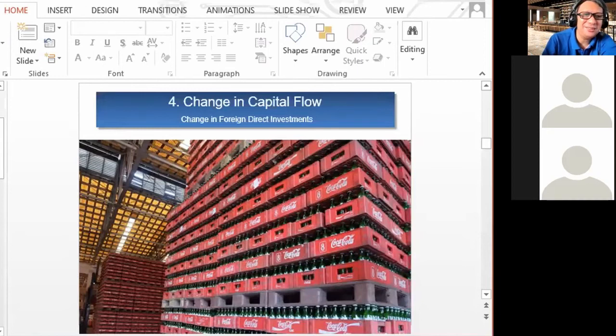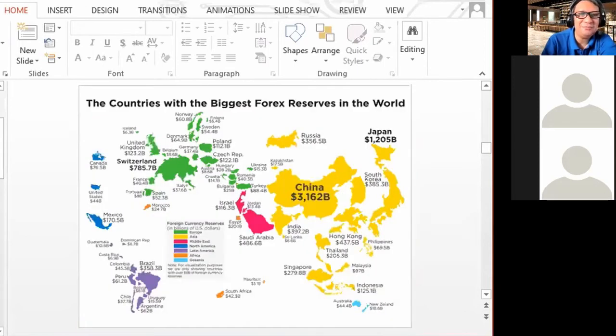Let me show you one infographic here that's very interesting. Countries with the biggest Forex reserves in the world. Ano bang bansa may pinakamalaking foreign exchange reserve sa mundo? Sino to? China. 3.16 trillion yan. Dollars.